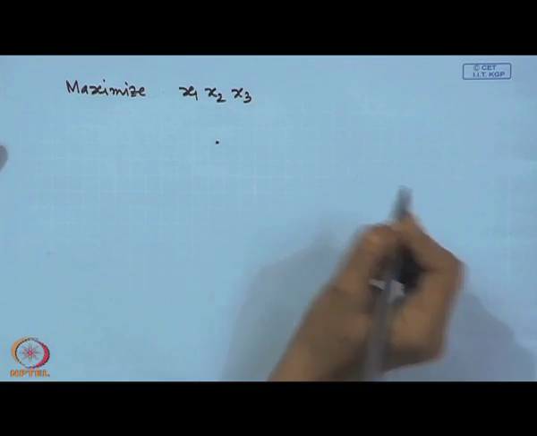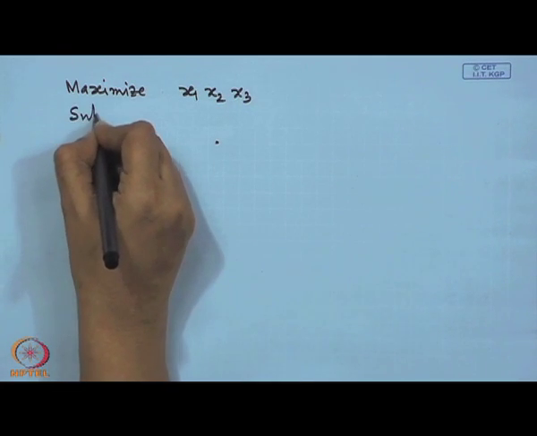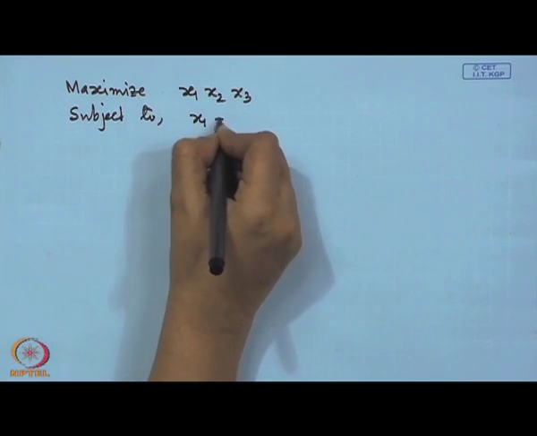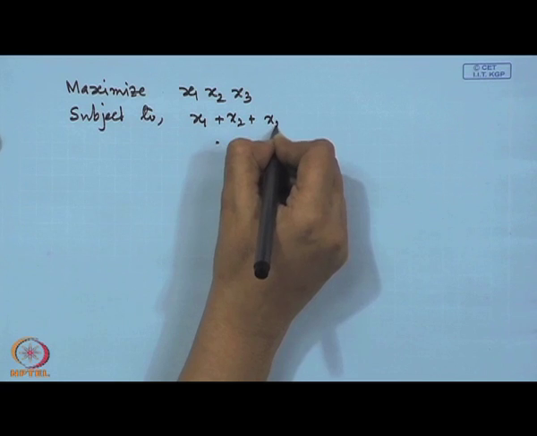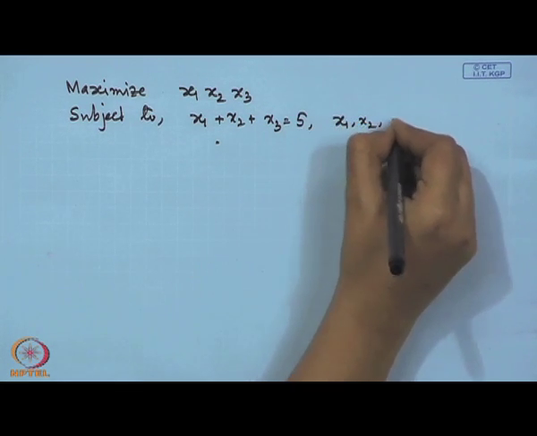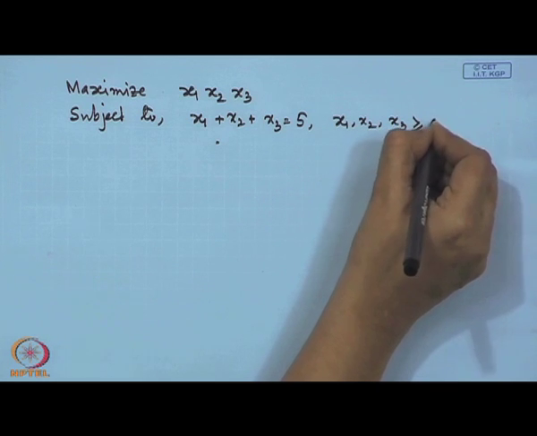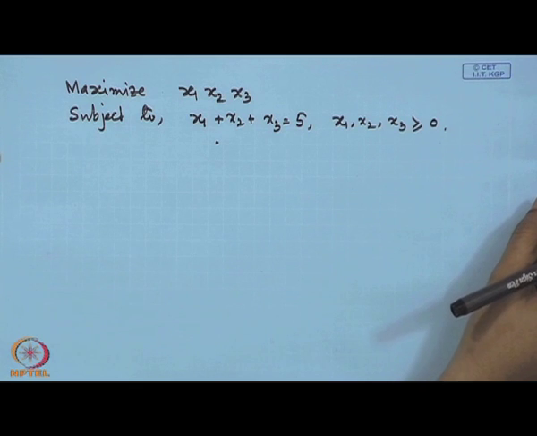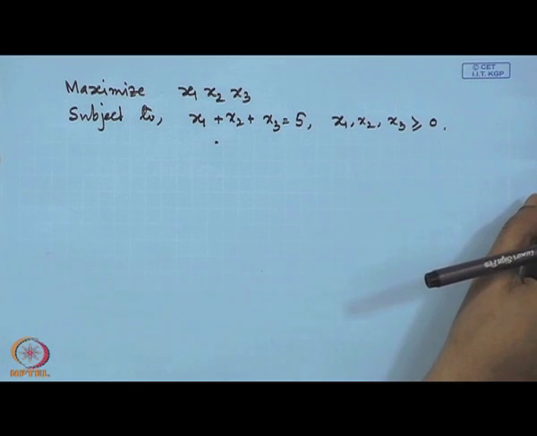We wanted to maximize x1 x2 x3 subject to x1 plus x2 plus x3 is equal to 5, and x1, x2, x3 are all positive values. Now we need to solve it. The dynamic programming technique is a very nice technique to solve this problem.